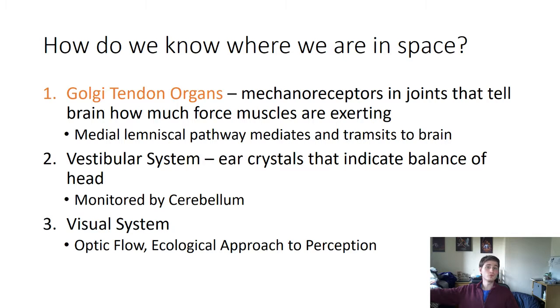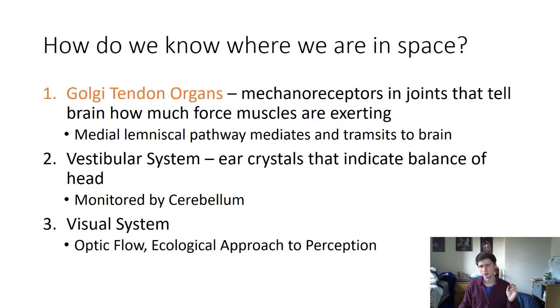Finally, you've got the visual system. You remember when we stood in class and tried to close our eyes and balance. It was really, really hard. That's because we get a lot of our proprioceptive information from our surroundings as we see them. So, obviously that's pretty important. Another way that the visual system is important is because of optic flow.